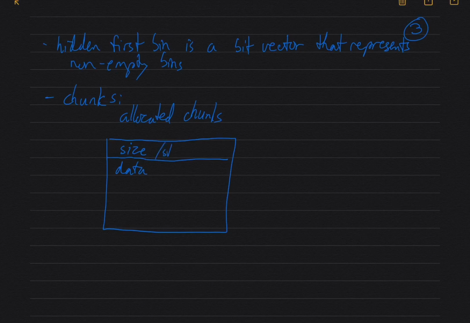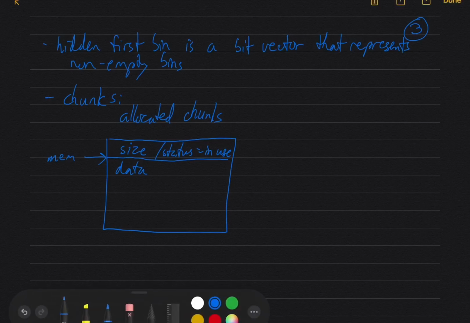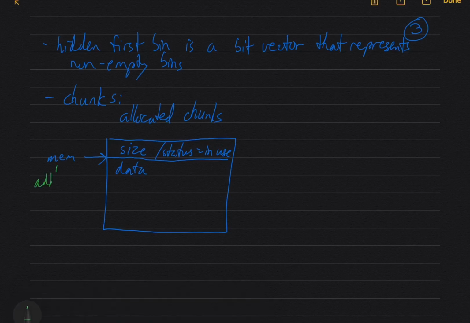There is also some status information, and in this case the chunk is in use. This pointer here, or this address, is called mem, and this is what is returned by malloc to the program. You don't want the program overwriting that size data, because that will be important when the chunk is returned by free.